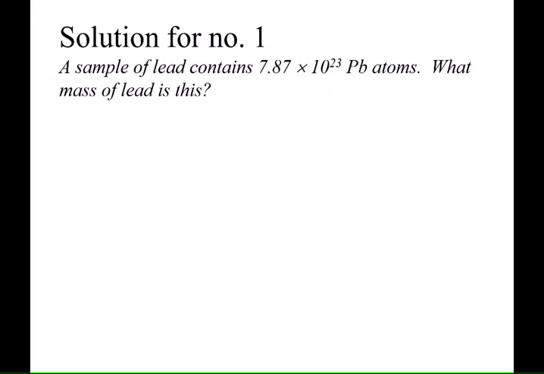Okay, so working the first one, again, we were given a certain number of lead atoms packed up in scientific notation, and we were supposed to go to mass from number of atoms. We can't go there directly, but we can go through moles. So remember, this is going to be our first step.